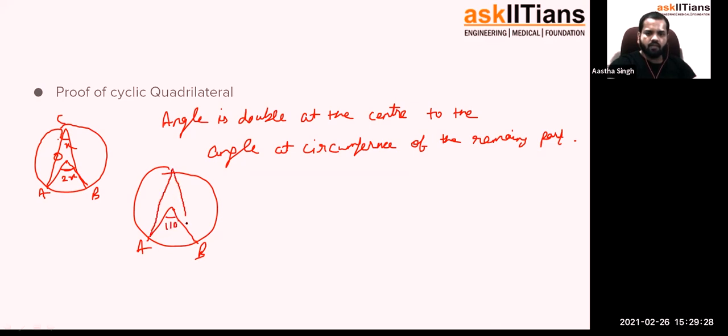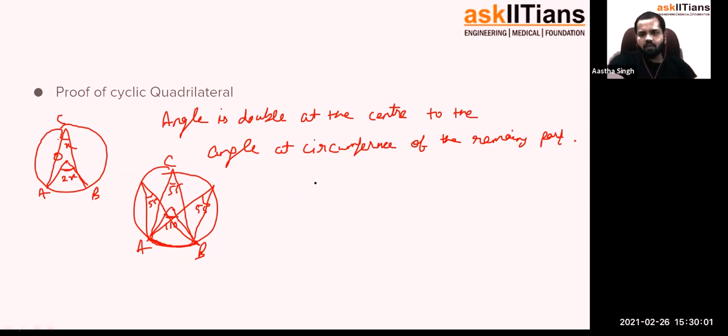Then what will be the angle at the circumference? At point C, this angle will be 55, right? At any other point, this angle will also be 55. Excluding the AB part, for the remaining part of the circle, all angles will be half of the angle at the center, right?